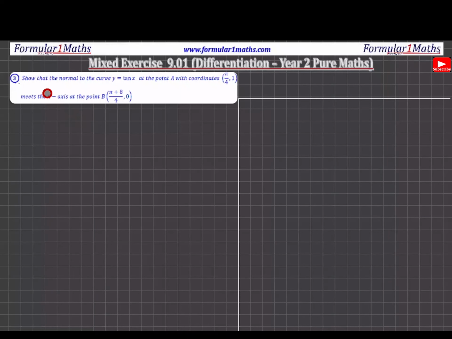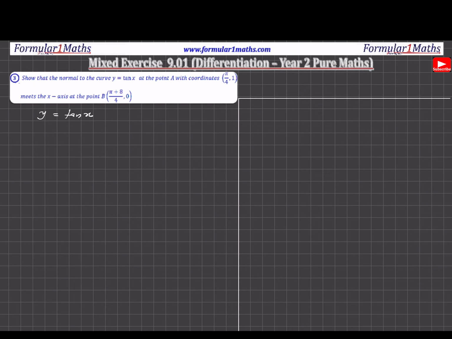Question 3. Show that the normal to the curve y equals tan x at the point A with coordinates pi over 4 and 1 meets the x-axis at the point B with coordinates (pi plus 8) over 4 and 0. So I've got y is equal to tan x.